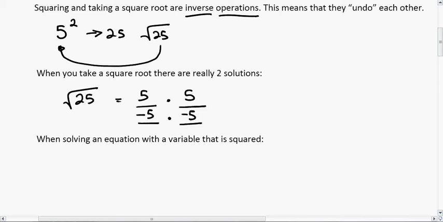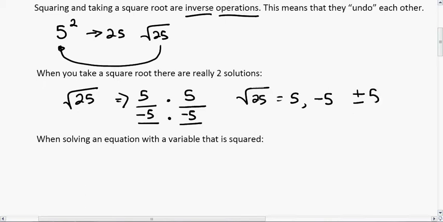Right? A negative times a negative would give me a positive. So -5 times -5 is also 25. So that means that the square root of 25 does equal 5, but it also equals -5. And there's a very neat shorthand for notating that you mean 5 and -5.